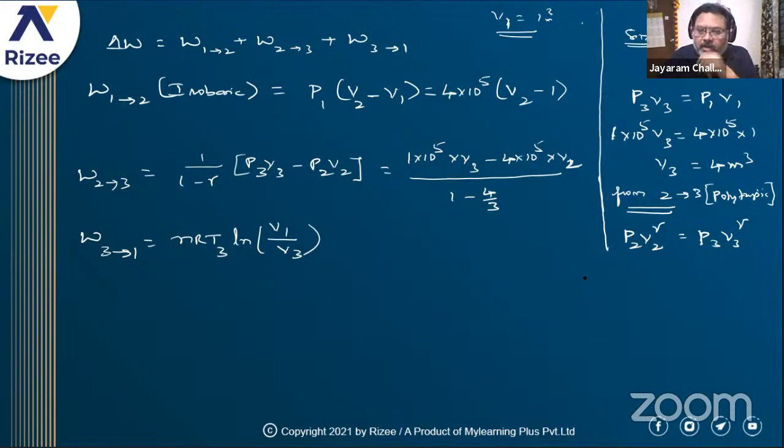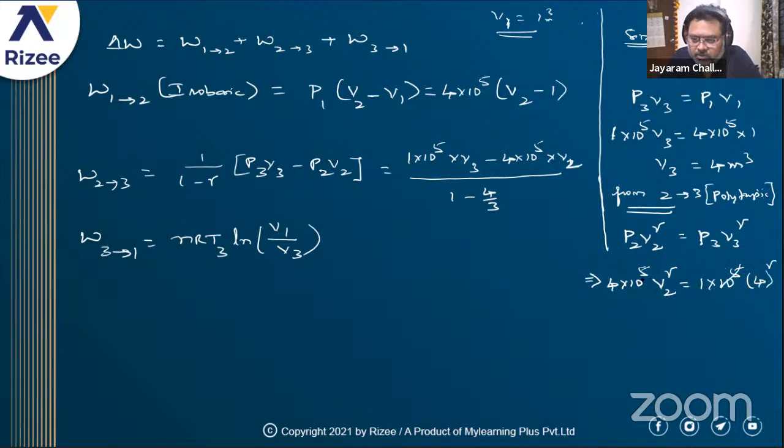As we know, the pressures P1 and P2 are the same, 4 into 10 to the power of 5 into volume V2, V2 is the unknown value, V2 to the power of gamma is equal to P3, 1 into 10 to the power of 5, V3 value we have got, 4 to the power of gamma.